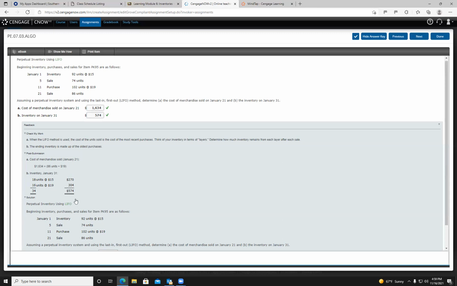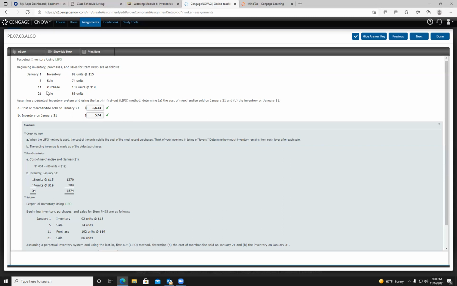So again, LIFO is last item purchased, first item sold. Under LIFO, you assume that the last items you purchased are the first items sold. So the January 5th sale came out of the only inventory we had on hand, which was the inventory valued at $15 a unit.